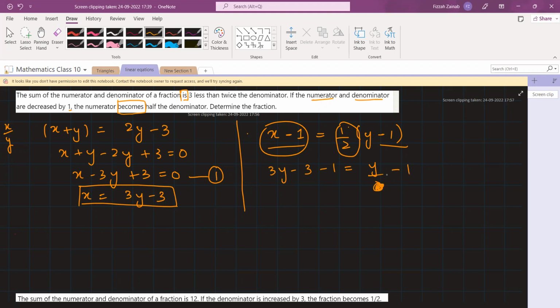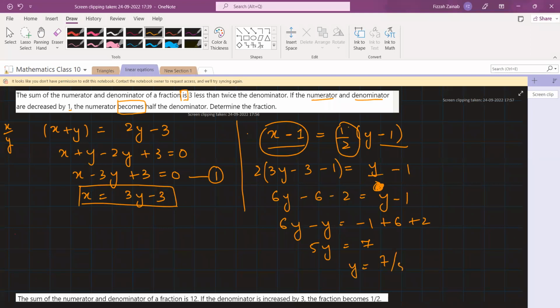So it will be y minus 1 and bring this 2 here. 6y minus 2 into 3 is 6, minus 2 is equal to y minus 1. 6y minus y is equal to minus 1 plus 6 plus 2. So 5y is equal to 6 into 8 and minus 1, 7. So I'm getting y. Hamna, is this correct? I'm getting 7 by 5.